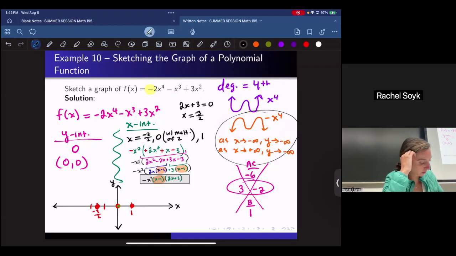So it's going to look something like this. Ugh, not drawing it well. There. Good enough.